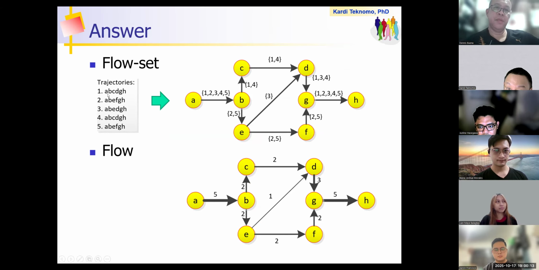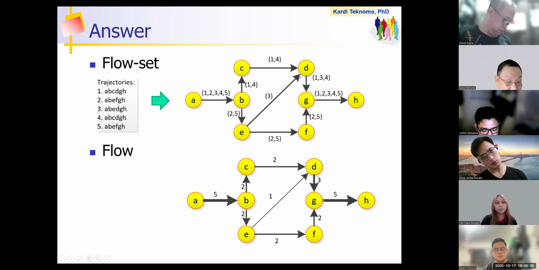From A to B, then go to C, so in that case going up. See, number 1 in here. This is the flow set, meaning the ID number 1 going up, not going down. And then from there going to D. I track, can you see this? The flow set represents the tracking ID.